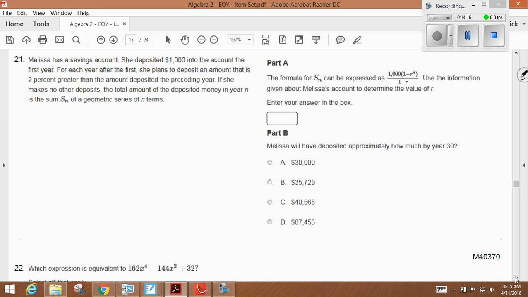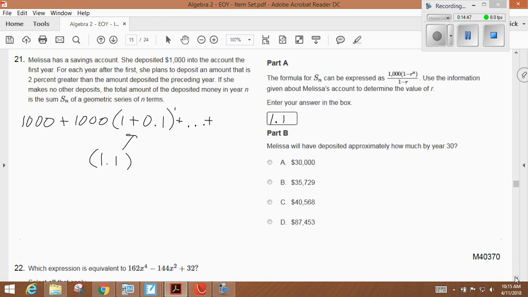What does this series look like? Looks like 1,000 plus 1,000 times the 10%, right? And it keeps going. So what is this? This is your rate, right? So then, there you go. Oh my gosh.